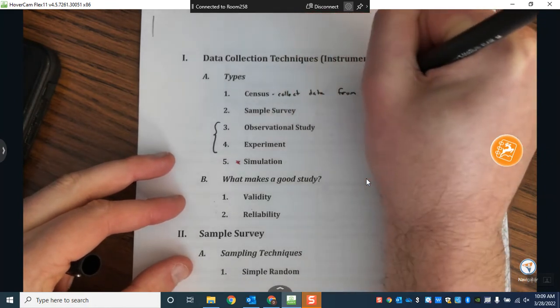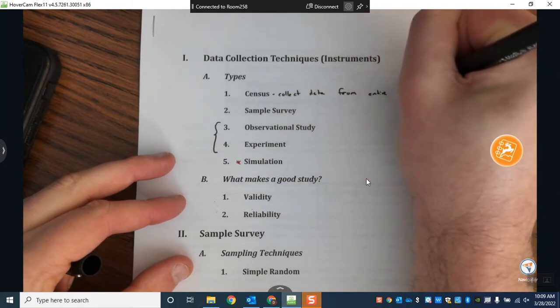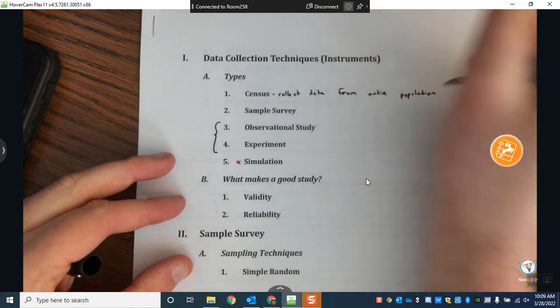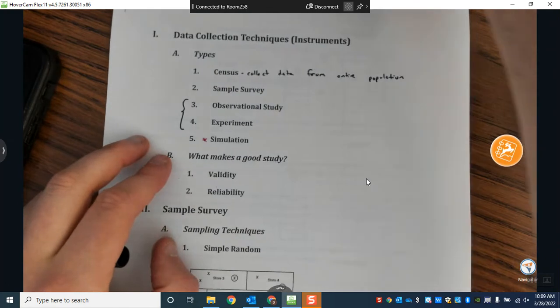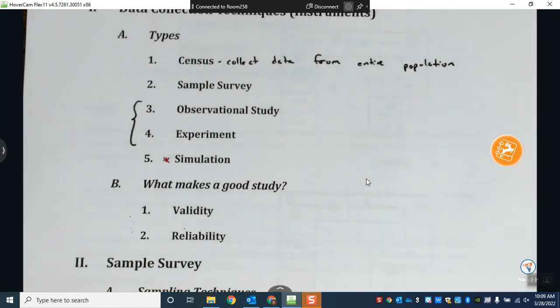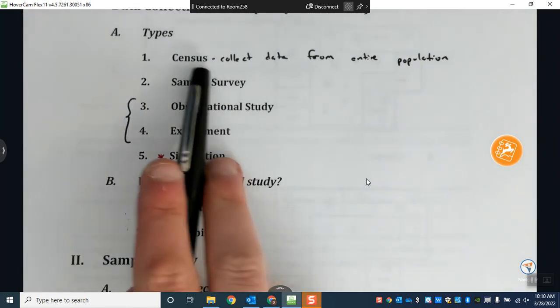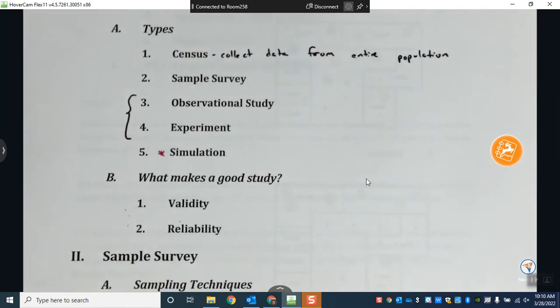So if Hood was studying Madison students, if he were to go to each student and say, hey, how much time are you spending per week on homework or something, and he asked that to everyone, that would be considered a census. So anytime you're collecting data from everything, that's a census.